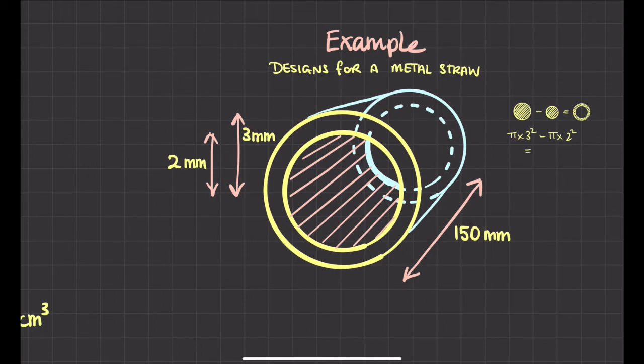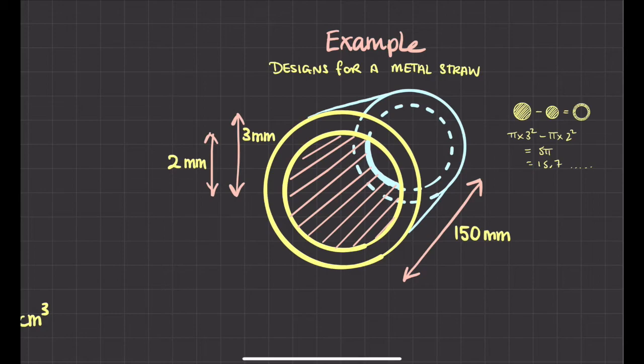That's 9 pi take away 4 pi, so that gives me 5 pi. 5 times 3 is about 15, so it's going to be about 15. Let's have a look, 5 times pi, 15.7, and I've rounded it there, but let's not round it just yet. Let's keep this 5 pi, because 9 pi take away 4 pi is 5 pi.